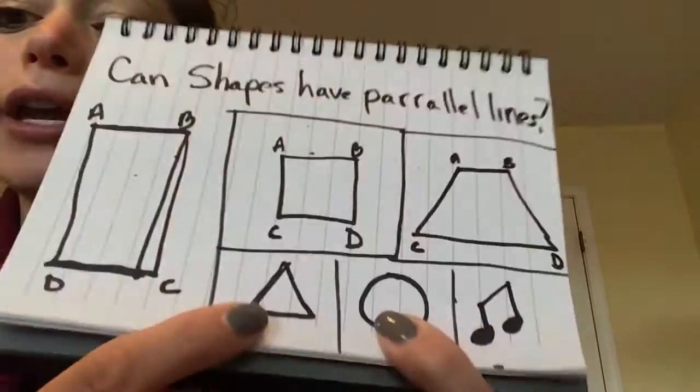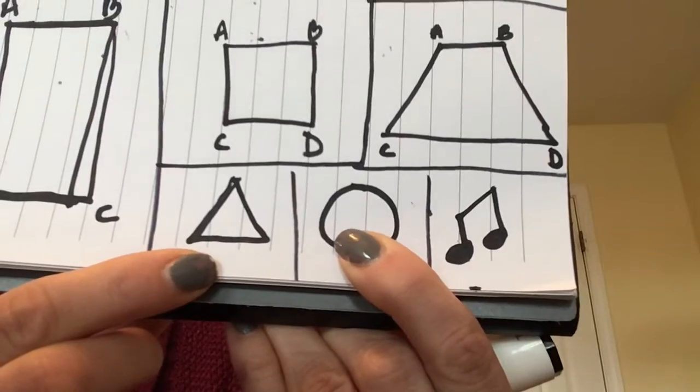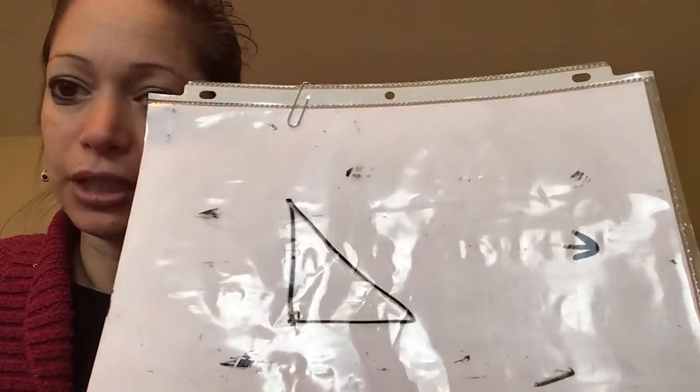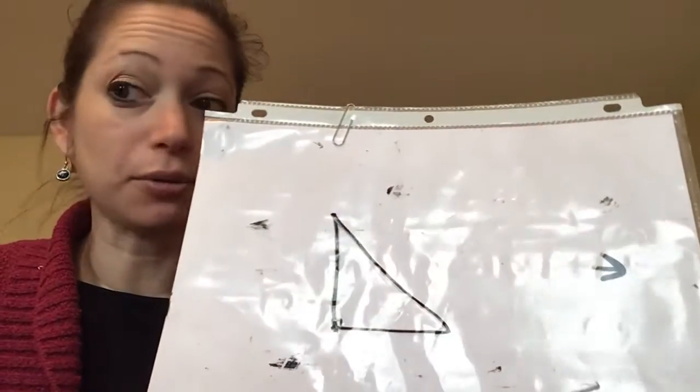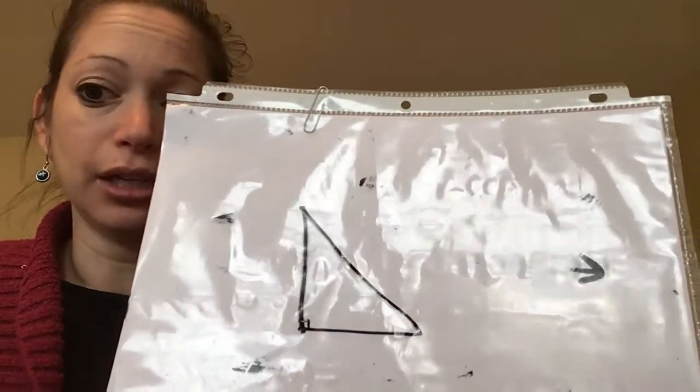Let's take a look at triangles. Can triangles ever have parallel lines? What do you think? Triangles. Any kind of triangle. I'll make a right triangle for you. Does it have parallel lines? Two lines that are equal distance apart but never touch?